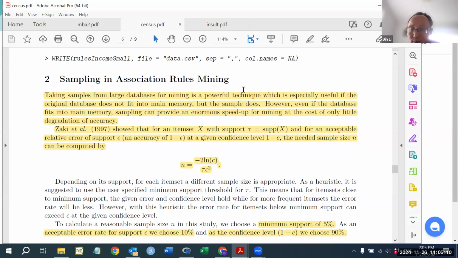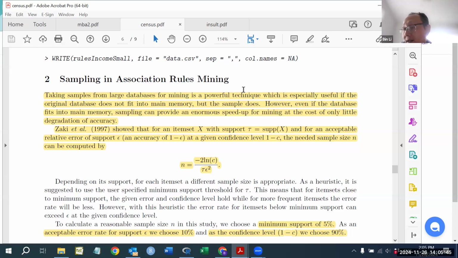Why do we need subsampling? Because if you apply this technique to real transactional data sets, they usually contain billions of transactions and 10,000 or 100,000 items, like a transactional database from Amazon or Walmart.